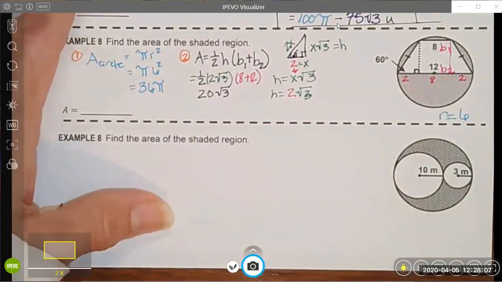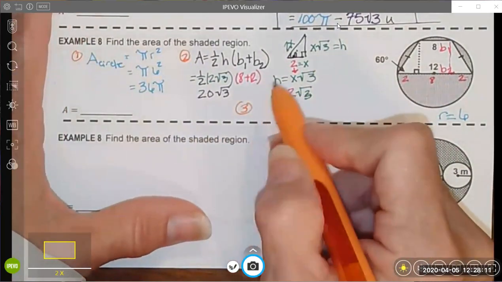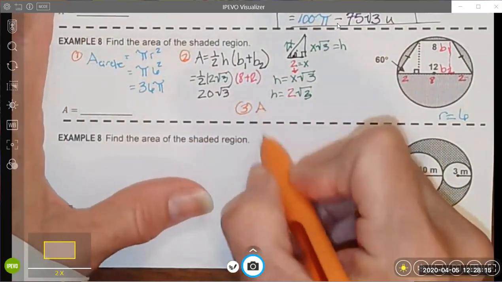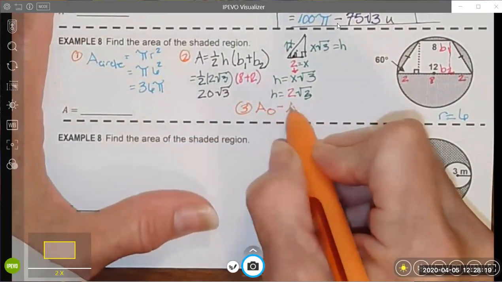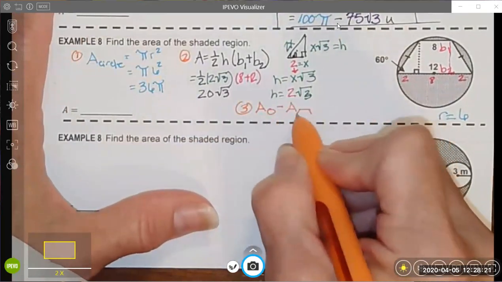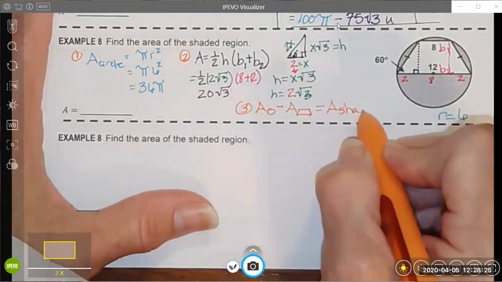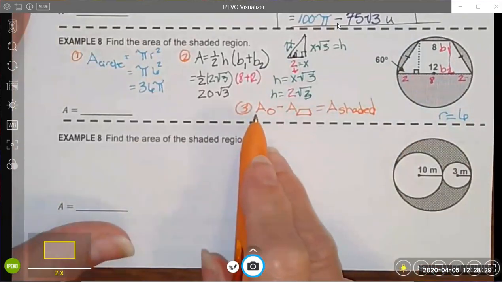Finally, we're in a position where we can actually answer this question. To find the area of the shaded region, I'm going to take the area of my circle minus the area of my trapezoid. And that will give me the area of my shaded region. Again, remember, order matters.